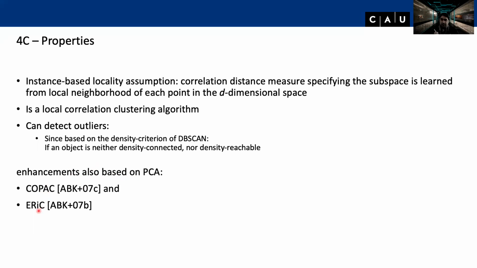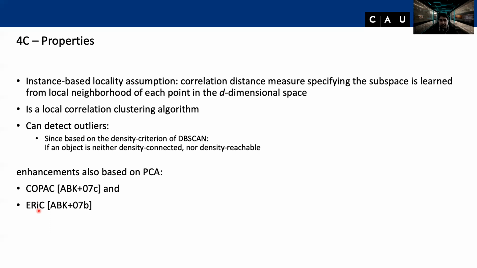So it detects not only dense regions in subspaces, but dense regions that are located on a line. This linear correlation is located on a plane, and this plane is located in a hypercube, and so on and so forth, or cuboid. So there are several variants of it, COPAC, ERIC, HiCO, which are inheriting core properties from 4C.